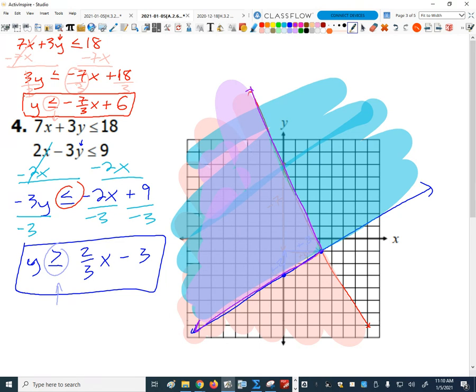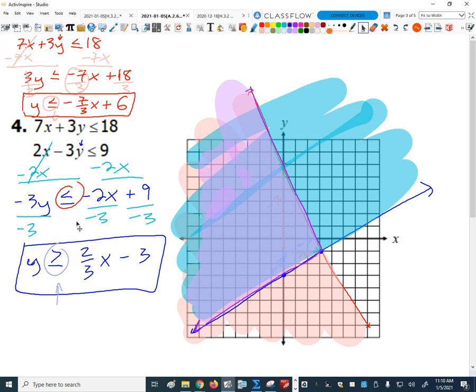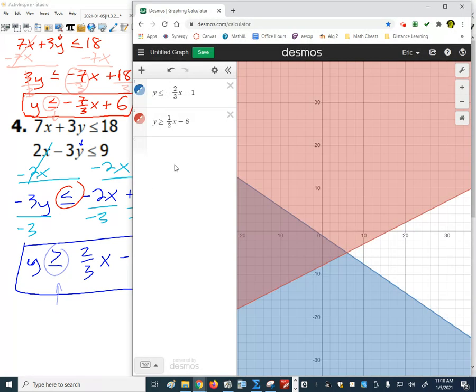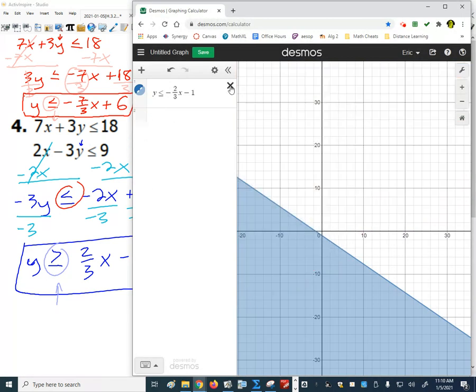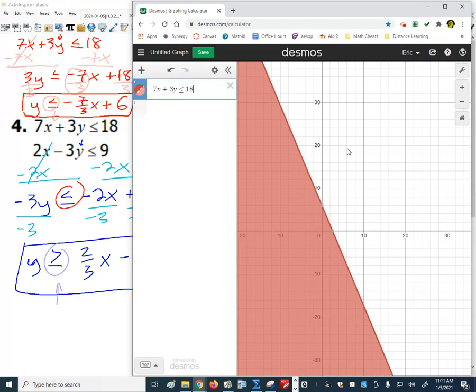Okay, I want to show you when we do this on Desmos. I mean, you guys are already familiar with this, but one nice thing about this is I don't have to put those into slope-intercept form. Desmos is very convenient that way. So I can just leave it as 7x plus 3y is less than or equal to 18. There it is, right?